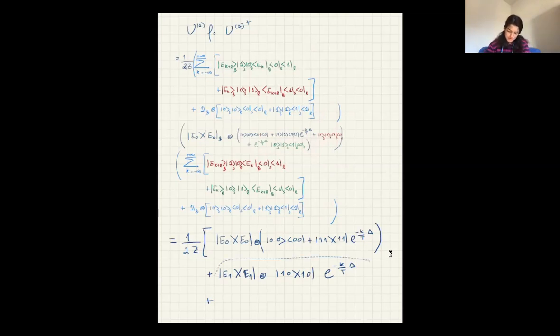So this was the green term, and now the red term. Well, the red term kind of lowers this energy here, right? So remember L equals 1.